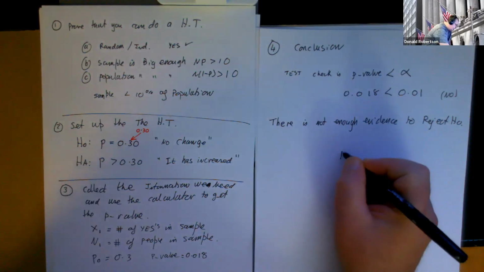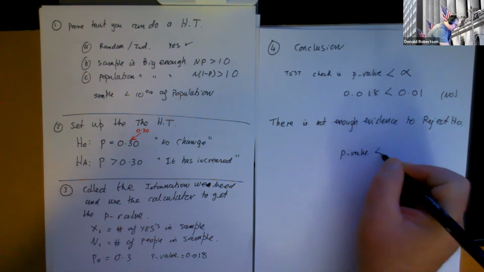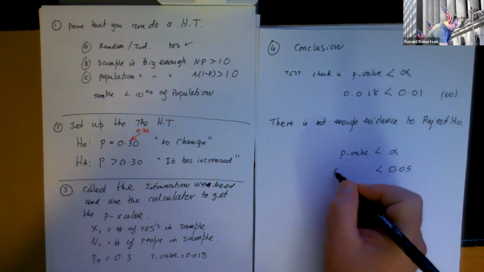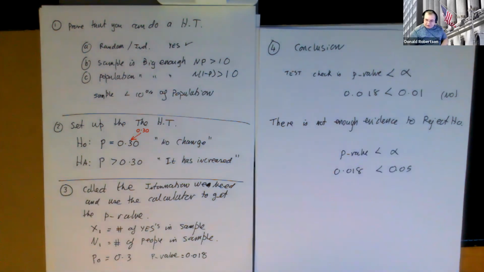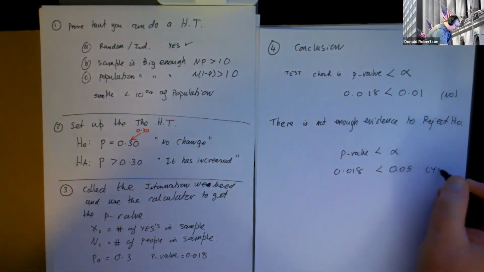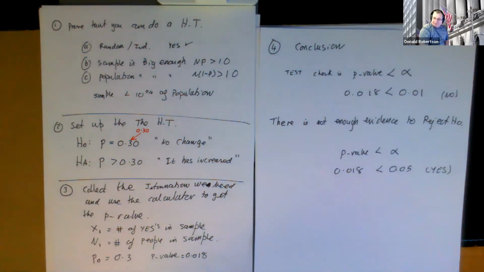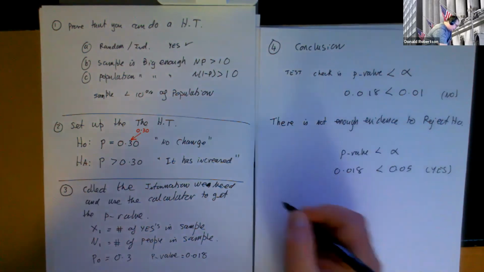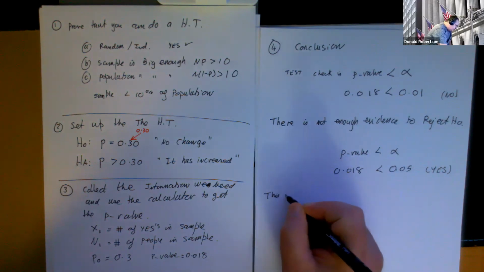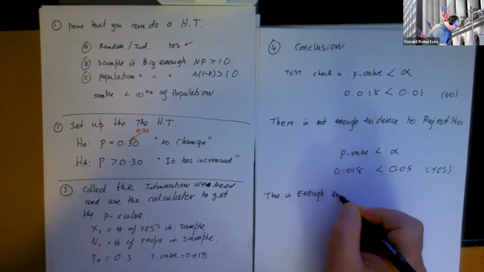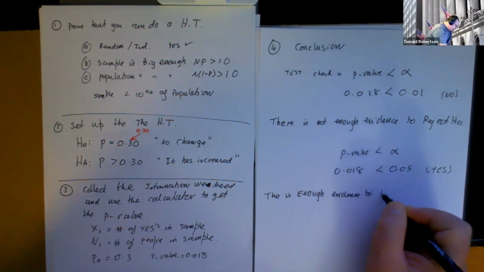Pretend for a minute that the alpha was 0.05. So imagine right at the beginning of that question, I made alpha a 5%, right? 0.05. In this case, won't the answer to is the thing right? Won't the answer be yes? This is less than that. And when that happens, you will write down there is enough evidence to reject H naught.